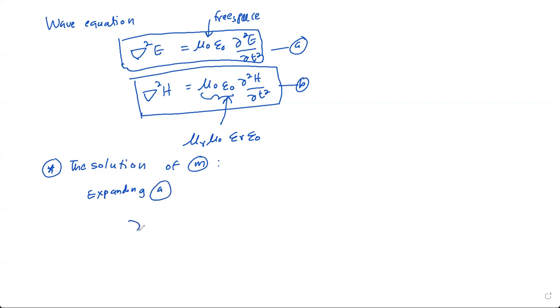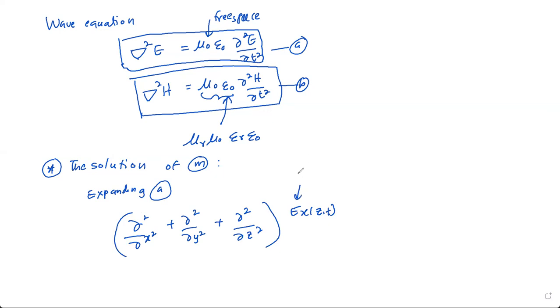we can write ∂²/∂x² plus ∂²/∂y² plus ∂²/∂z², and then we can write it like this. Here, I'm taking only the component of the electric field along the x direction.